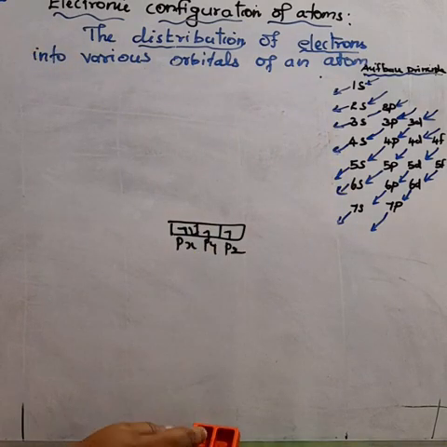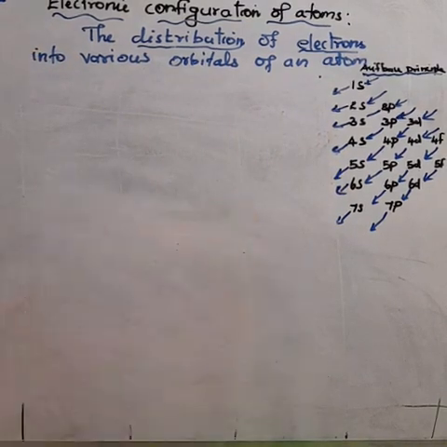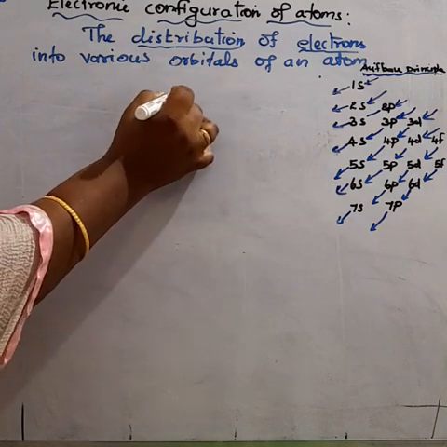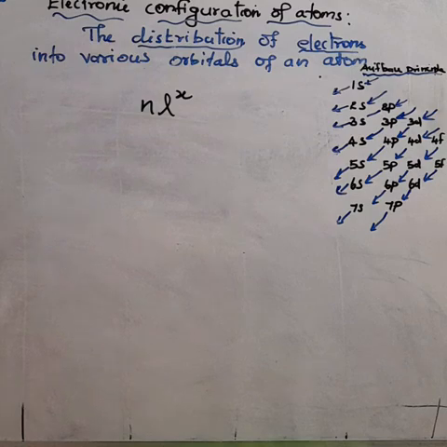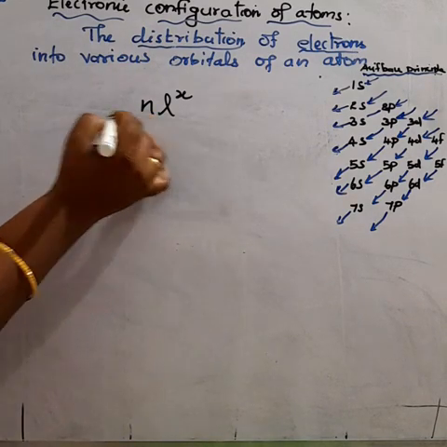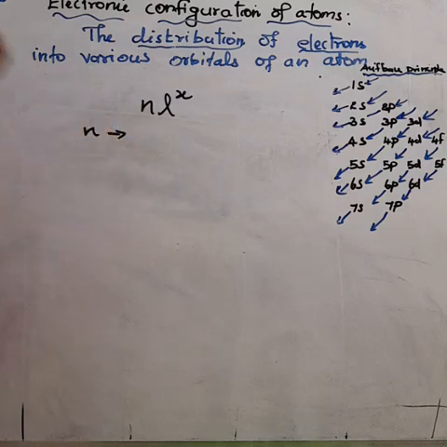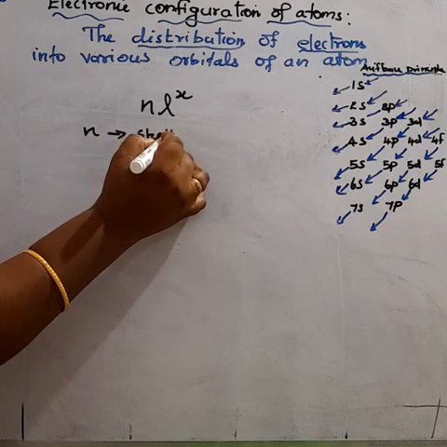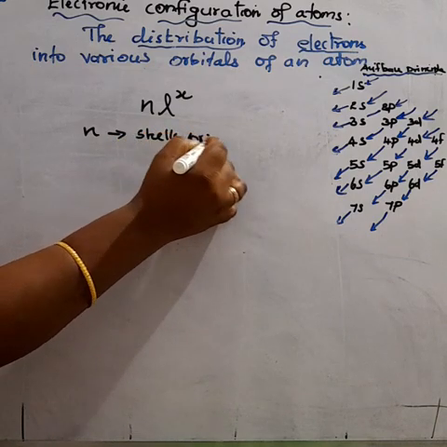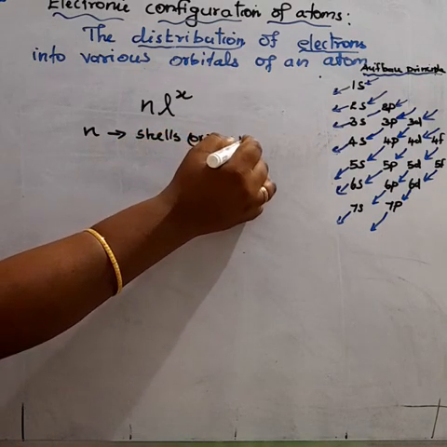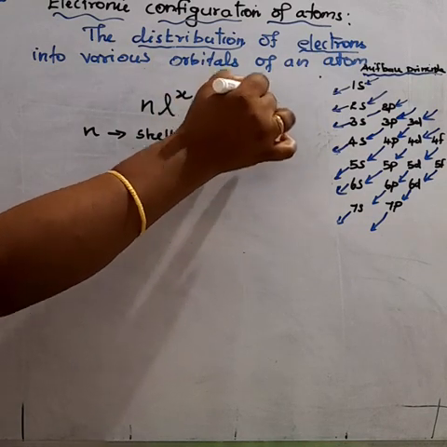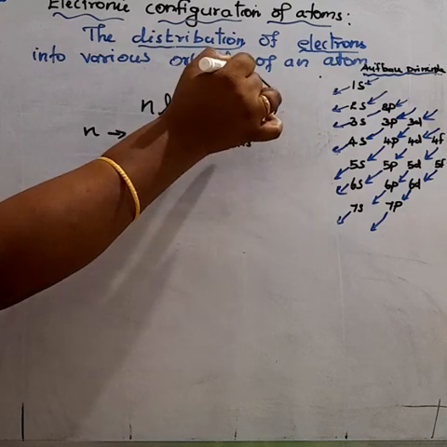The electronic configuration is written as n l power x. Here, what does n represent? It represents the shells or orbits, which tell us about the energy levels of an atom.